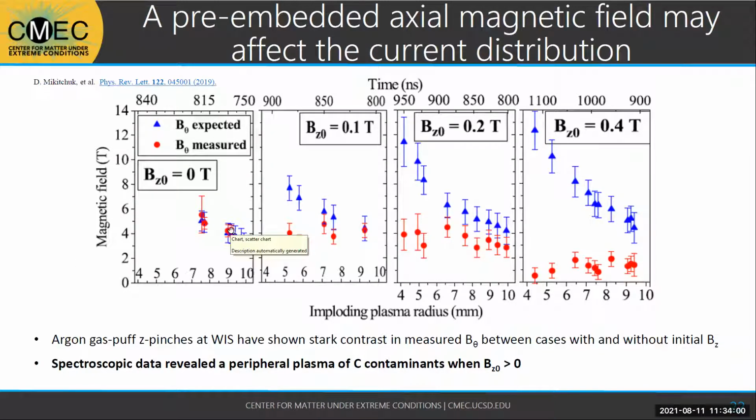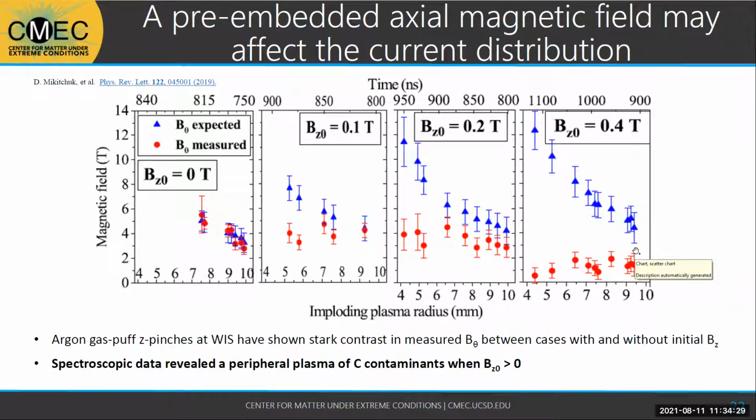This plot shows that they found agreement between measured and expected values, and with increasing values of Bz, they deviated significantly. That means some current must be flowing that's being shunted at a larger radius than they were able to measure.